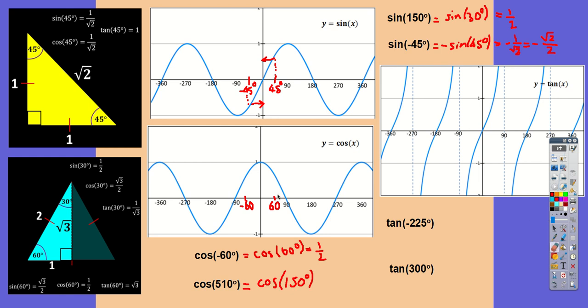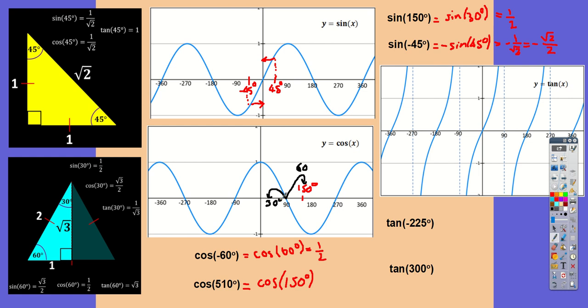Okay, going to clear these 60s. 150 goes in the picture, about there. And again, we're trying to get to the acute region down there. What we've got is 60 degrees away from the 90. So if I backtrack by 60 degrees from the 90, that puts me at 30 degrees.